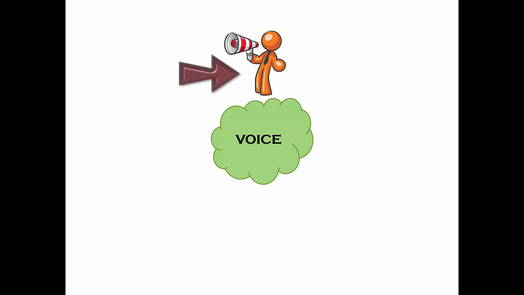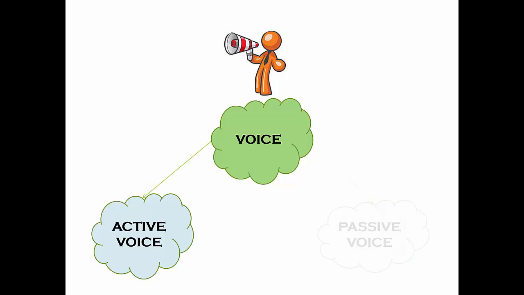Can you see the caption there? It's a person holding a loudspeaker. What is voice? Is it my voice that you're hearing, or is it the voice that blares from your throat? It is not. When we speak about voice in English grammar, we can talk about active voice and passive voice. Which part of the sentence does voice affect?